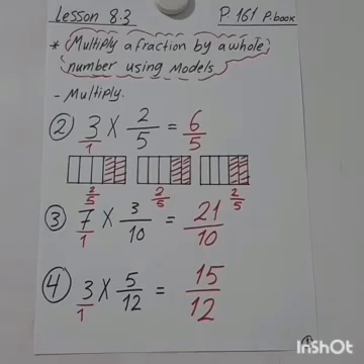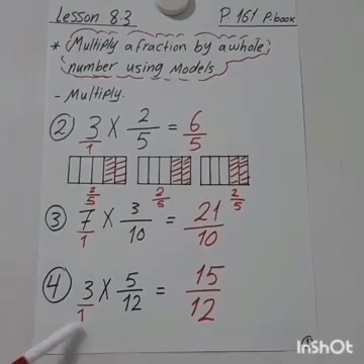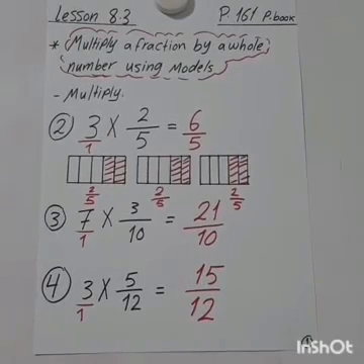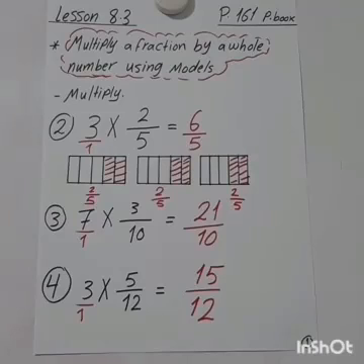But here, if I have another number down instead of 1, I can multiply it by 12. But we will take it after that. So in number 4, the numerator 3 times 5 is 15, and the denominator will be 12.